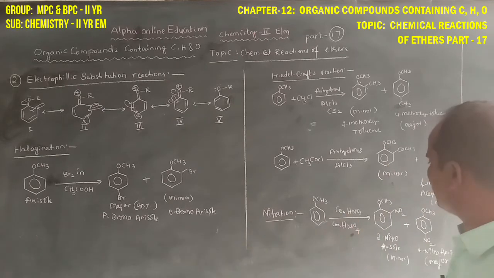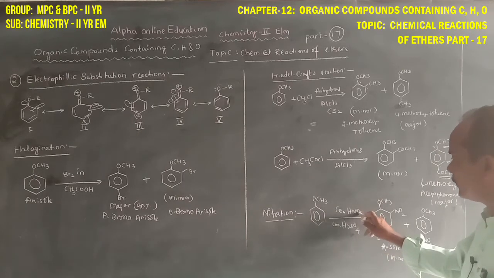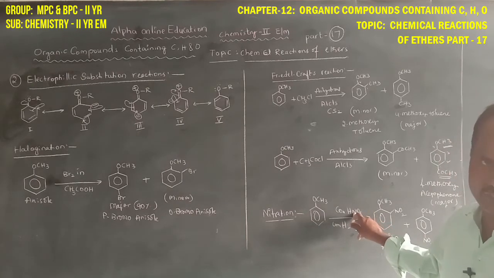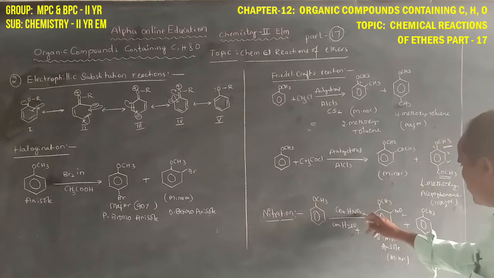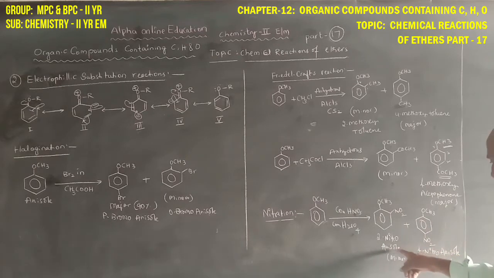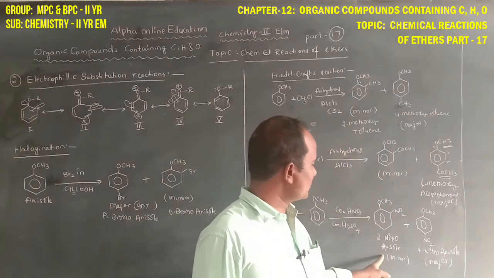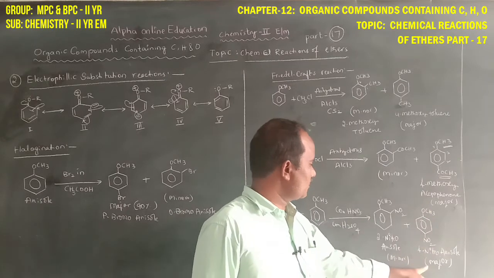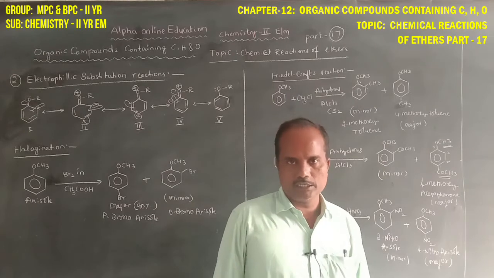In the presence of concentrated H2SO4, the nitronium ion is generated, and this electrophile attacks the anisole aromatic ring at the ortho and para positions. 2-Nitroanisole is a minor quantity, and 4-nitroanisole is formed as the major quantity. Again, steric hindrance is the influence.